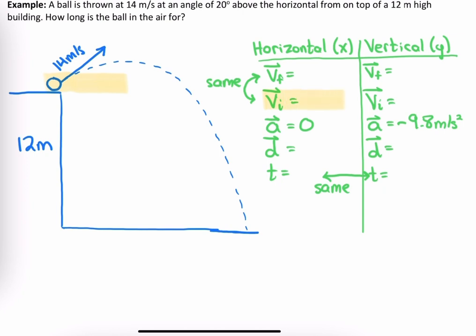Again, now our 14 is not entirely x, so it can't go here. And it does have a little bit of a component in the y, so this is not 0. So those two things, our two VIs, are the things that are different now that this thing is being released at an angle. So how do I find the x and y components of this?